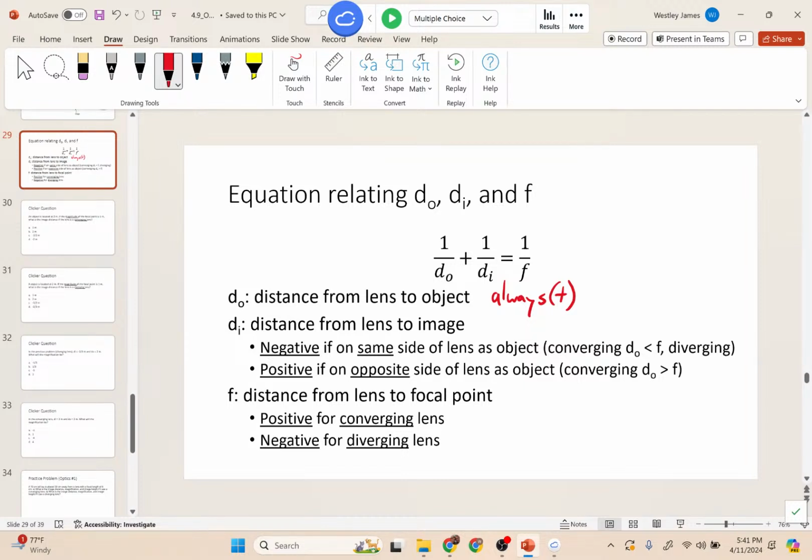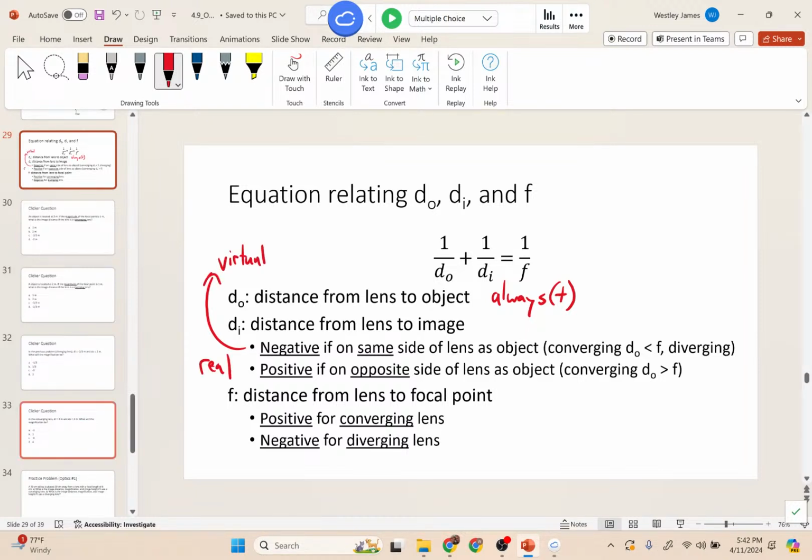Long story short, if it actually happens, do I have a real image? DI is positive if you have a real image. DI is negative if you have a virtual image. And that is terribly hard to read. Virtual.